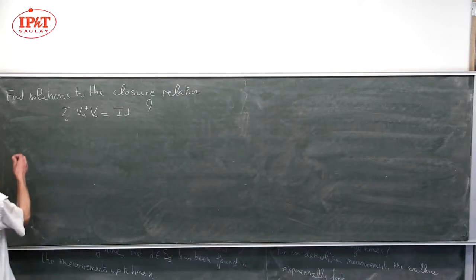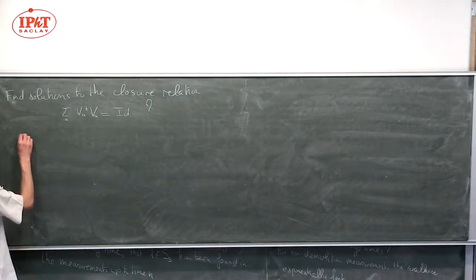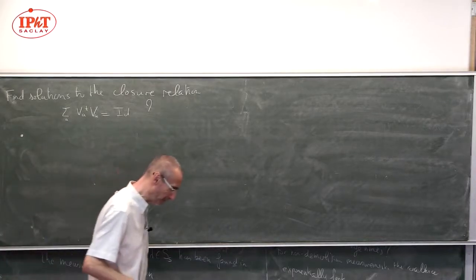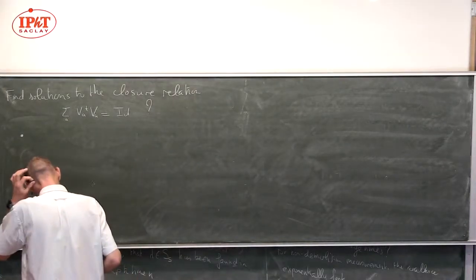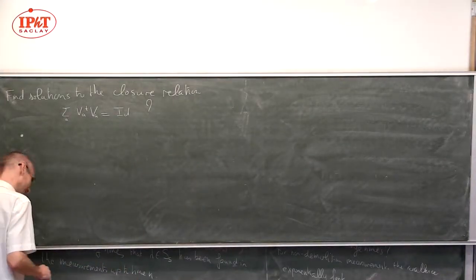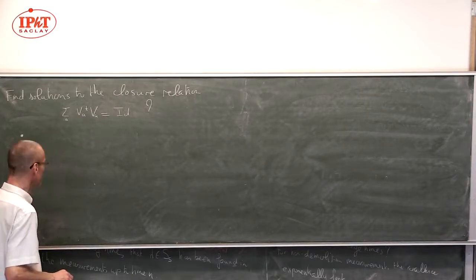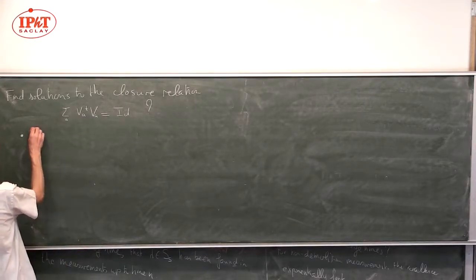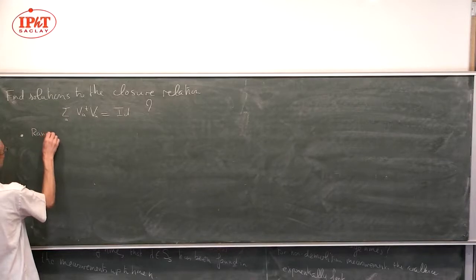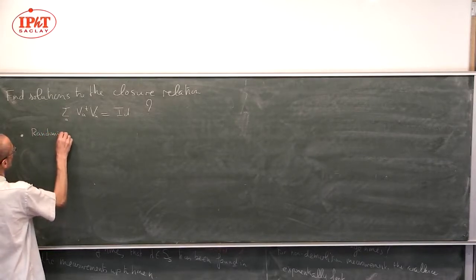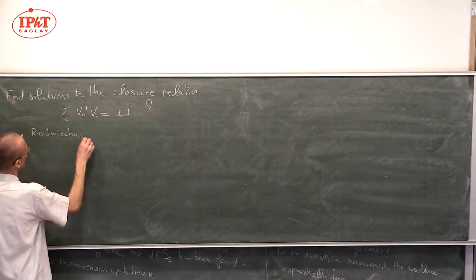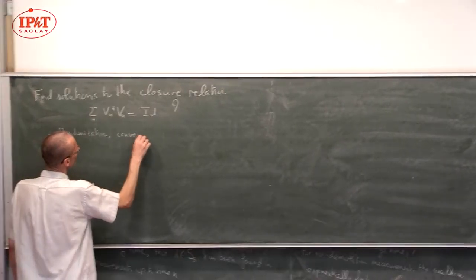Okay, so there are many things you can say about this. The first one maybe is you can call it randomization, which is the same as convex combinations.